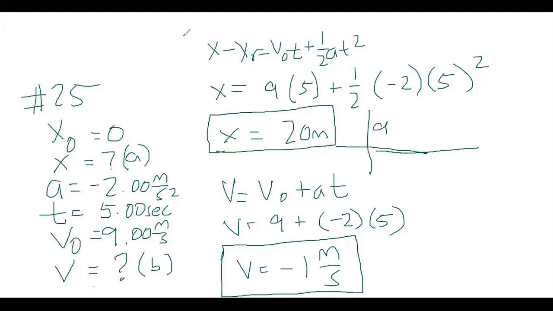I'm doing velocity, but I meant to do position. If you look at our position versus time, if we're going in the opposite direction, that's what this -1 tells us.